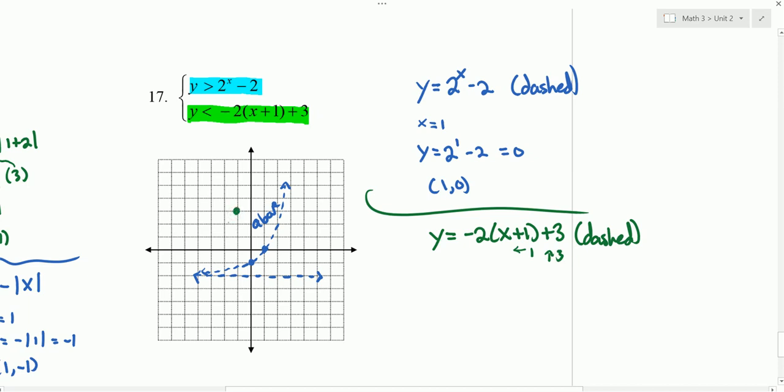And we need another point, so pick an x value, say 0. Then y is going to be negative 2 times 0 plus 1 plus 3. And you end up with positive 1, so 0, 1, dashed.